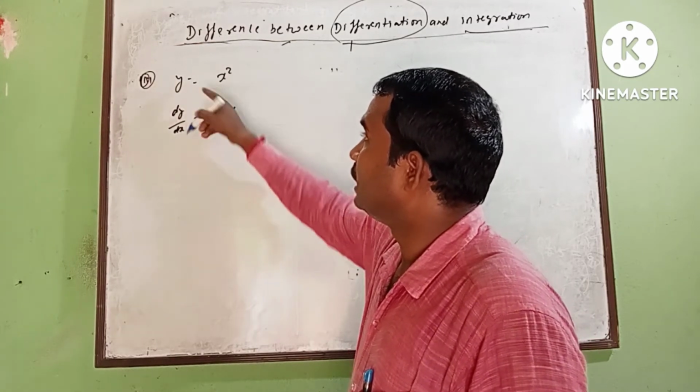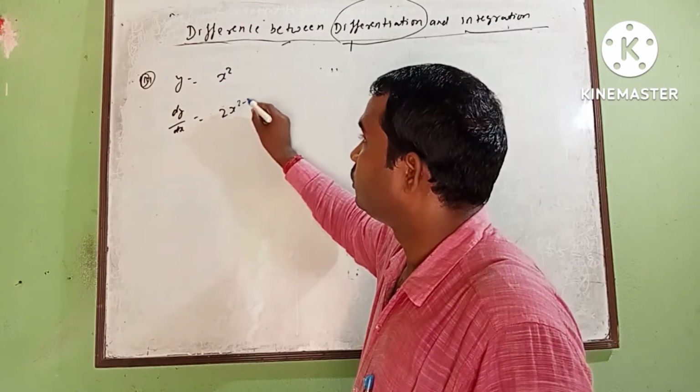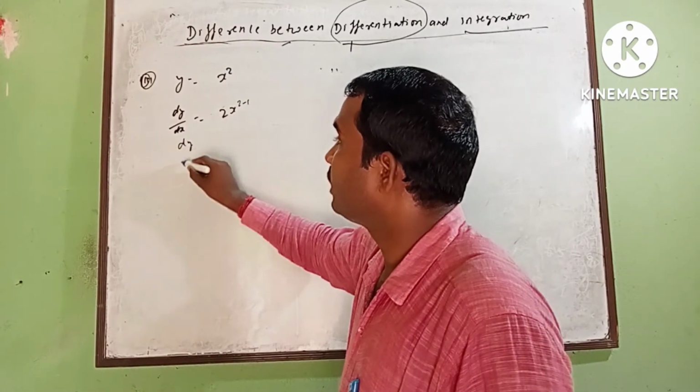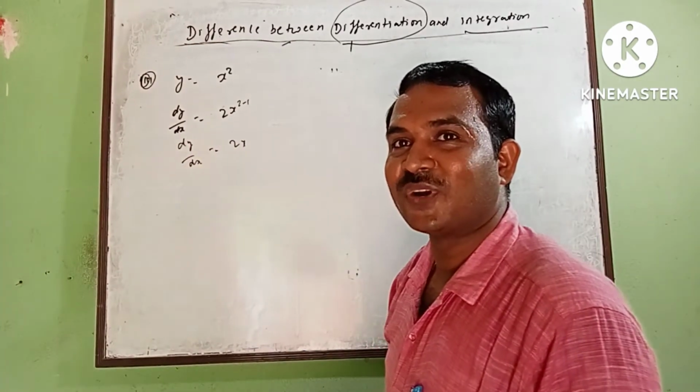You will differentiate this: the power is multiplied and the power becomes 2 minus 1, which means dy by dx is equal to 2x.